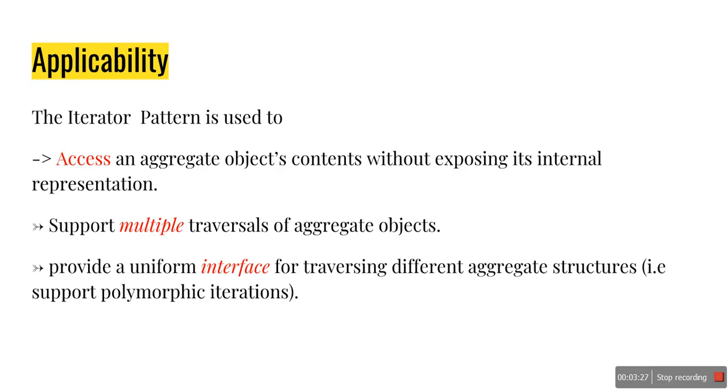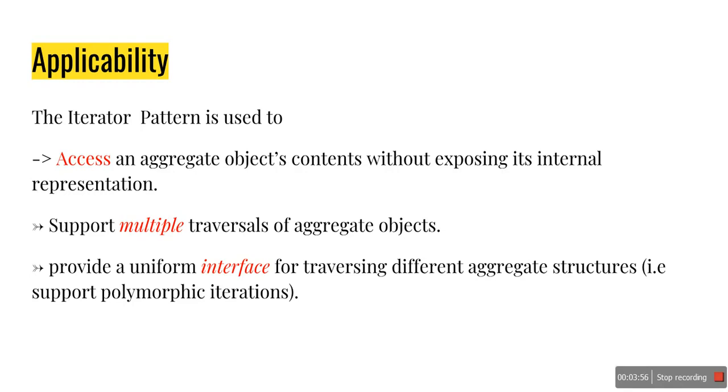So the applicability of it. So where is this applied? Well, the iterator pattern is used to access an aggregate object's content, as we've been saying, without exposing its internal representation. It supports multiple traversals of aggregate objects, which simply means that it's not only one object that we can access, but it could be a multitude of objects that are completely different from one another.